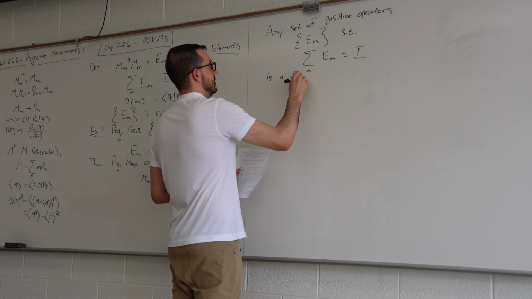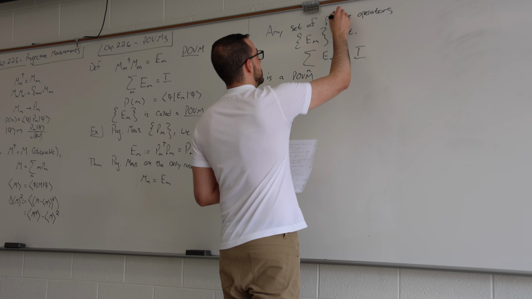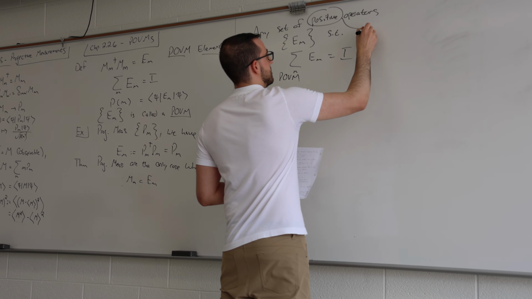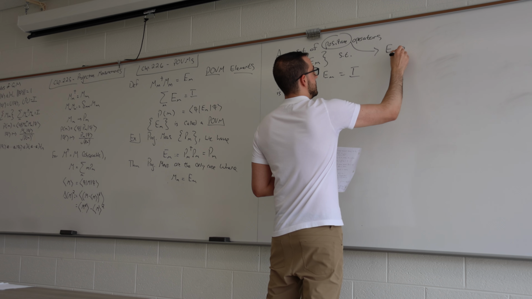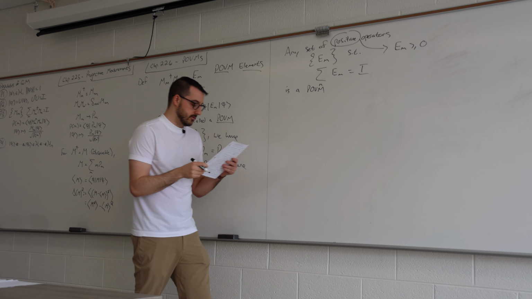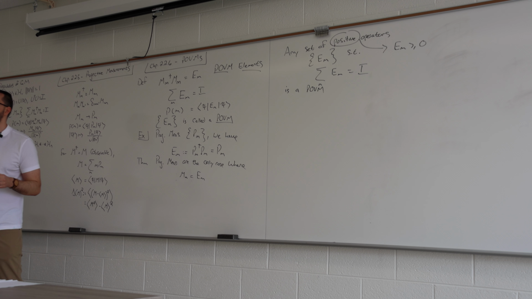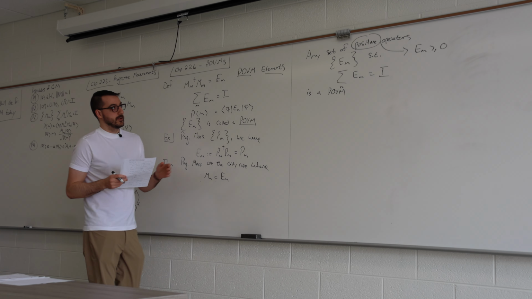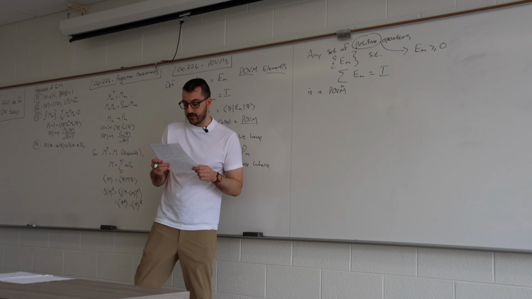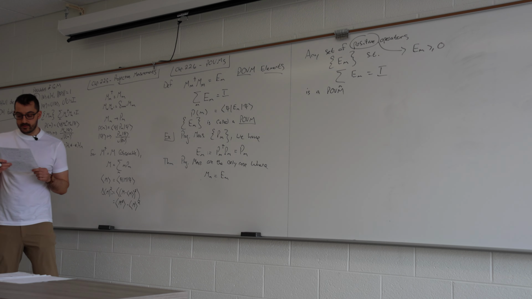Remember the condition: positive. What does positive mean? It means E sub m is greater than or equal to 0, meaning it has no negative eigenvalues. Remember, we defined positive operators. Sometimes it's positive definite, sometimes positive semi-definite, depending on who you ask.